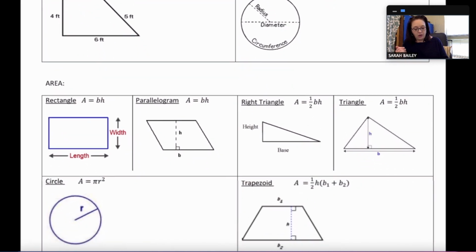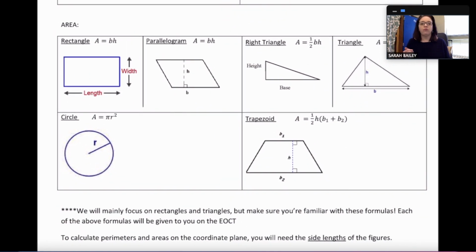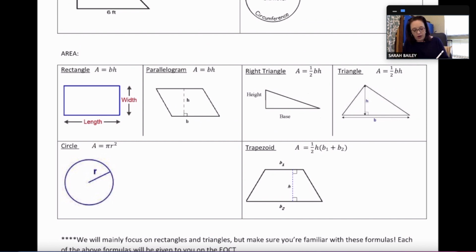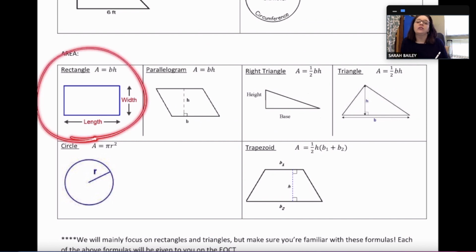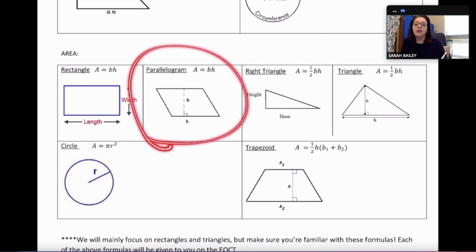And then underneath here we have some different formulas for area. Area of a rectangle, they've got listed as base times height. BH, that's the same as doing length times width. A parallelogram is the base times the height. Remember, the base and the height of a parallelogram make right angles, right?